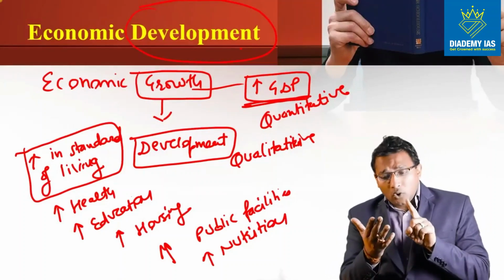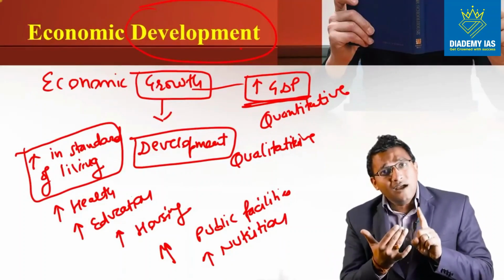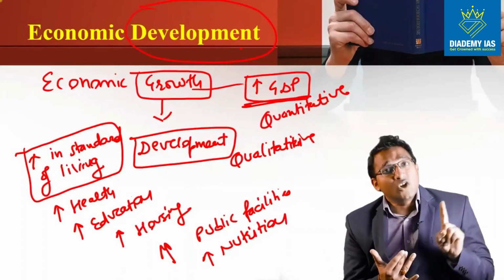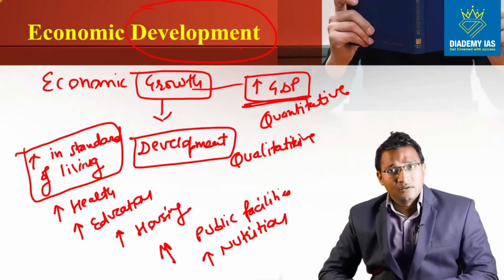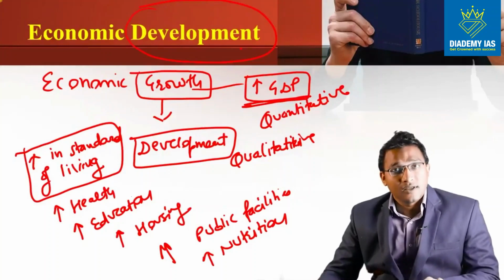So not only the quantity, the quality is also required. Not only the market involvement, but the government involvement is also required, right? So development is a much broader term.